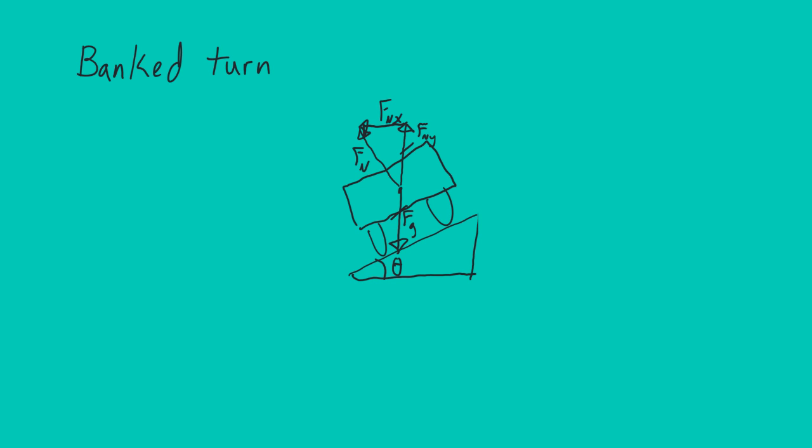Now, something that should be shown here is the difference between this car and a box on an incline. So here I'll draw my triangle over here. Here's my box, right? And on this box, we have our force of gravity, and we have a force normal coming off of here. And let's say we have our force of static friction, right?